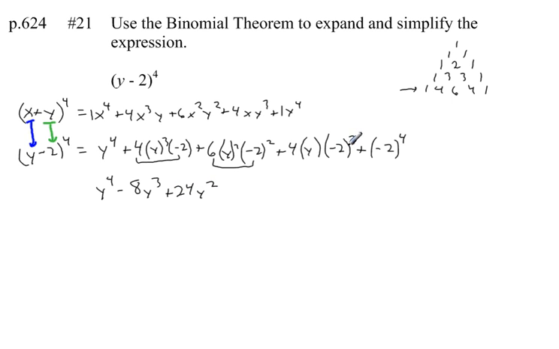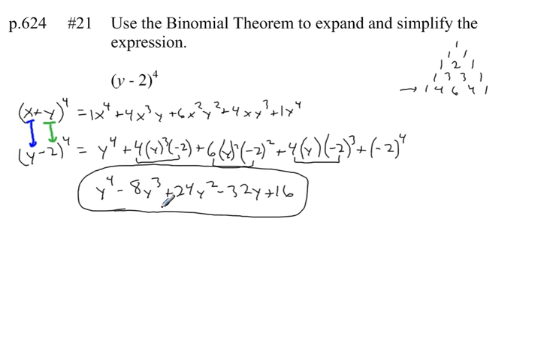My next term, I have negative 2 to the third, which is negative 8, times 4, so I have minus 32 y. And my last term, negative 2 to the fourth, which is equal to 16, so plus 16. So y minus 2 to the fourth is equal to y to the fourth minus 8y cubed plus 24y squared minus 32y plus 16.